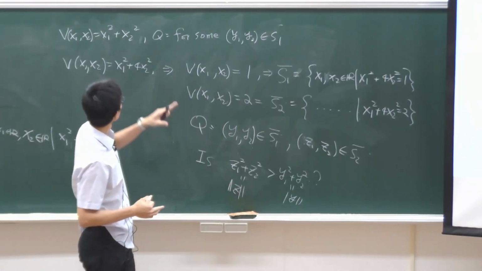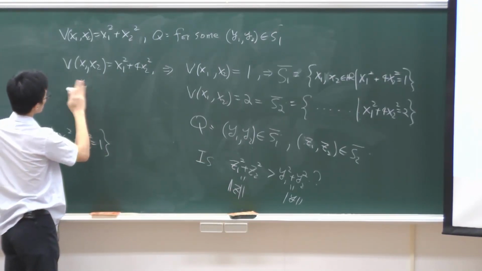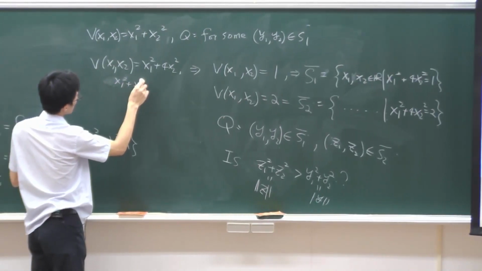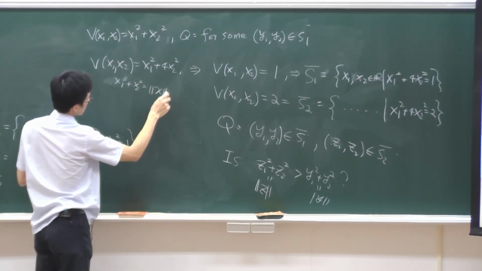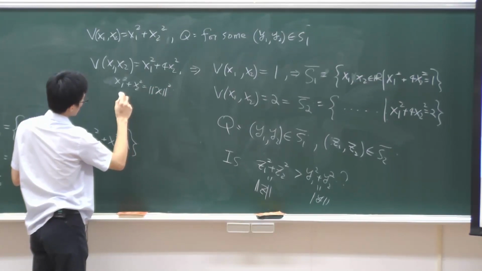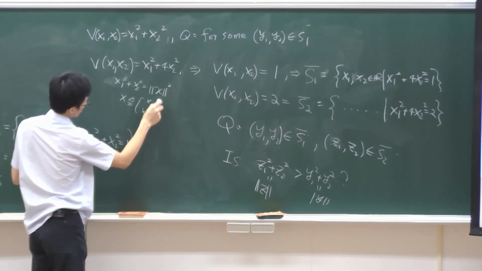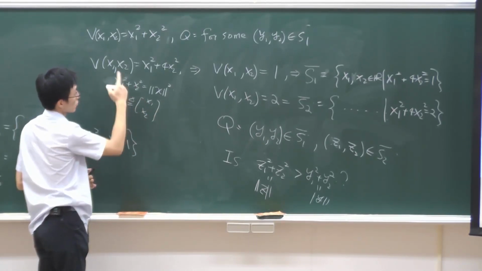Like x1, x2, x is defined as a vector composed of x1 and x2.